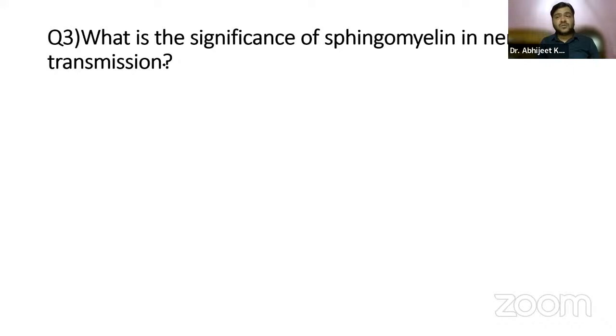Now, the sphingomyelin, due to its structure and functional properties, is a very important structure. Firstly, you already know it helps in the myelin sheath formation. It is a key component of myelin.